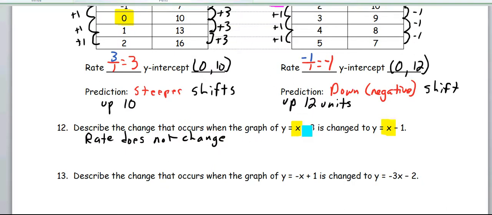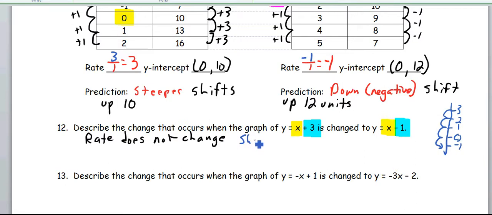Now, let's look at this. I go from a plus 3 to a minus 1. If I think about it, plus 3 on the graph, and then I'm going down to minus 1 on my y-axis. If this is 3, 2, 1, 0, negative 1, I'm starting here, because this is the original graph, and I go 1, 2, 3, 4 places down.